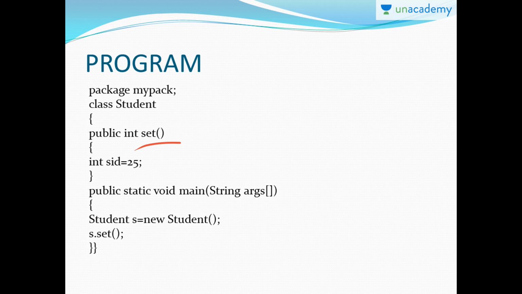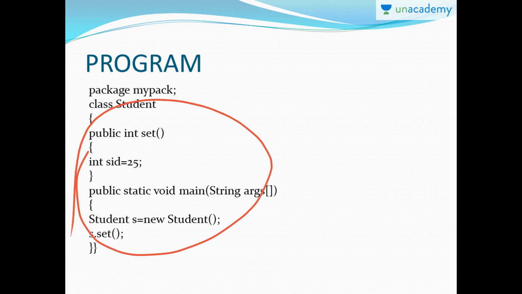Next I have a main method, public static void main, string arguments, where I have an object created to access the method present in the class Student. Over here I have an object created as s. Using the object s, I'm accessing the set method, that is s.set. So as I have accessed it, now the ID value would be 25, and this whole class gets stored in mypack.